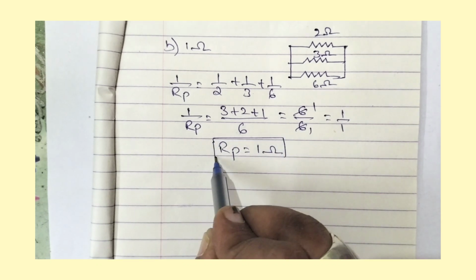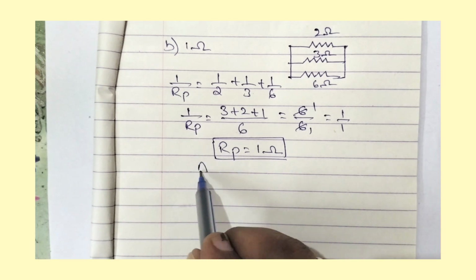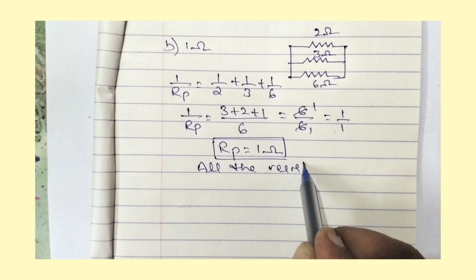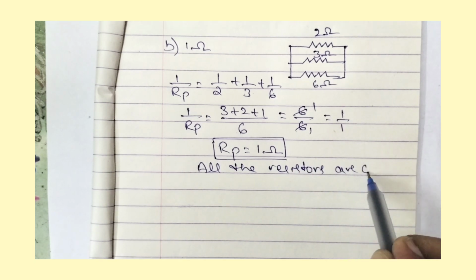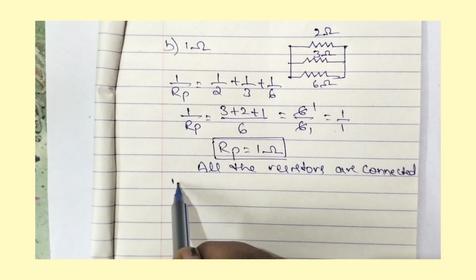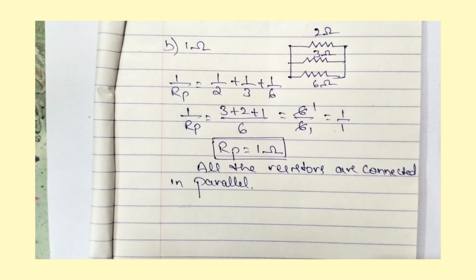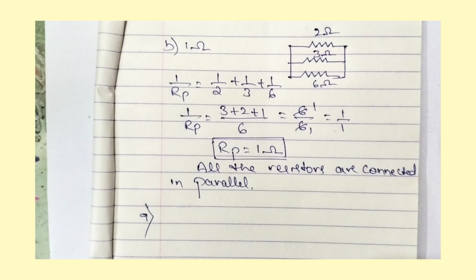Therefore, to get 1 ohm resistance, all the three resistors are connected in parallel. So this is the answer for the eighth one.